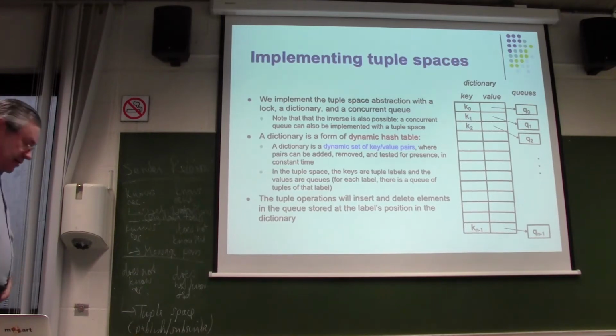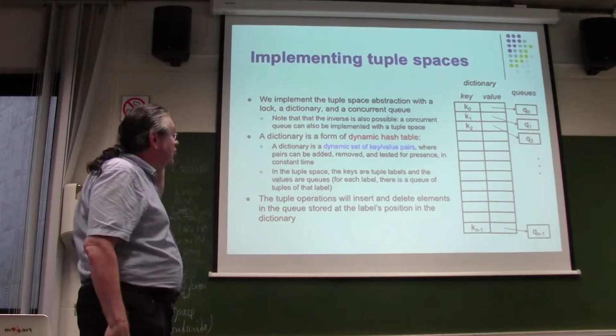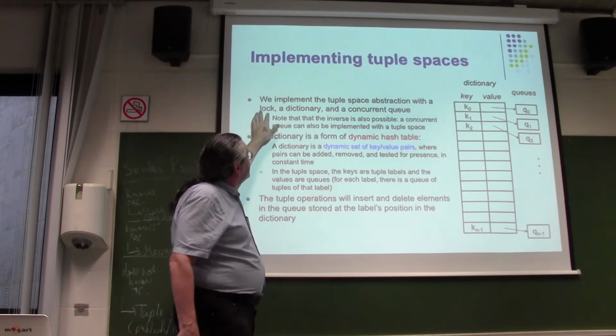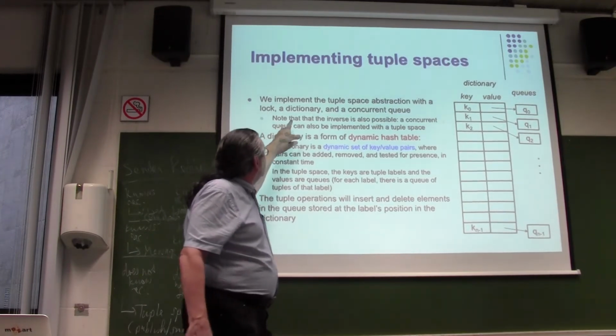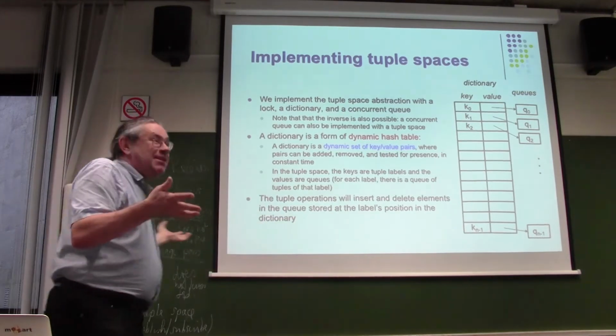This is actually interesting because it's using several data structures. This is the internal implementation of a tuple space. Notice it's using three things: a lock, a dictionary, and a concurrent queue. So to implement tuple spaces, we need a lock.